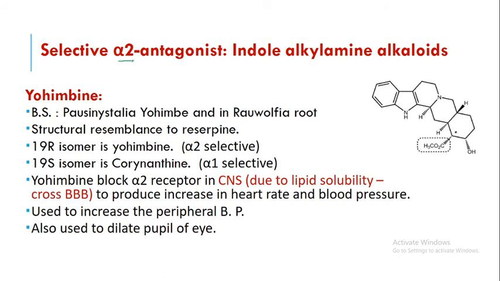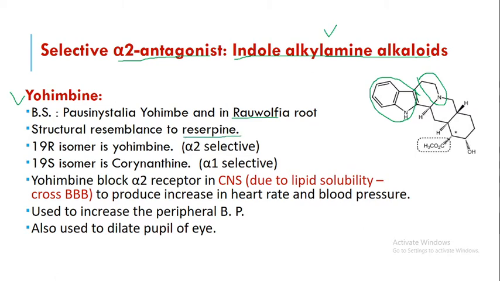Next is the selective alpha 2 antagonist, which is an indole alkylamine alkaloid. This is an indole ring and various alkylamines are there, hence it is called indole alkylamine alkaloid. First is yohimbine, which is obtained from Pausinystalia yohimbe and Rauwolfia root.